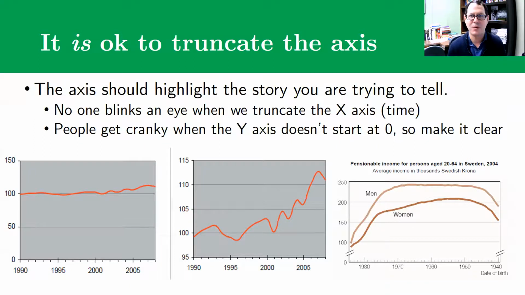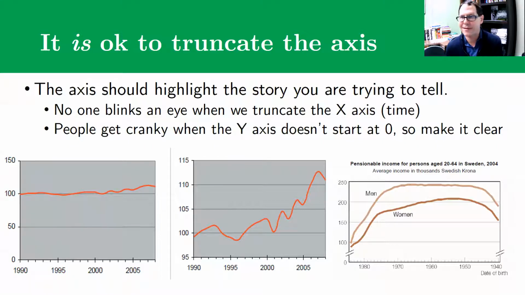Now, people do get testy about this. They do feel that sometimes when you truncate the axis, you are trying to pull a fast one on people, or be misleading. One strategy is to make it very clear that you're truncating that axis. And so I like what this third graph did. It starts the axis at basically 100 instead of 0, and to communicate that, they put these little hash lines in there that say, yeah, we're just deleting out white space.